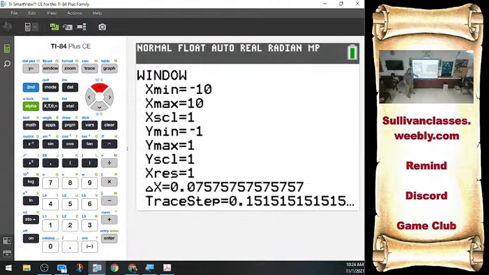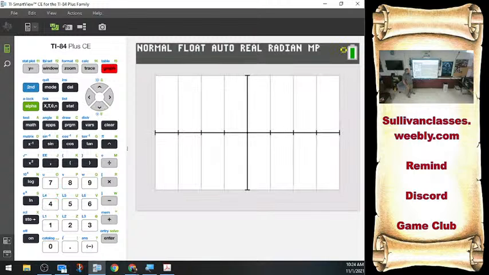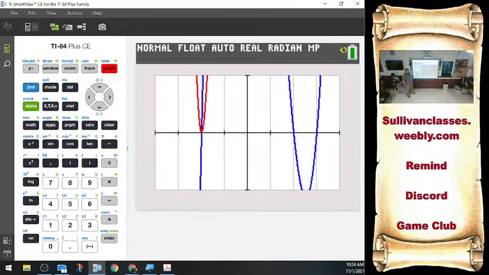Let's go from -4 to 4. There we go. It went through like a line, went through like a line, went through like a line.